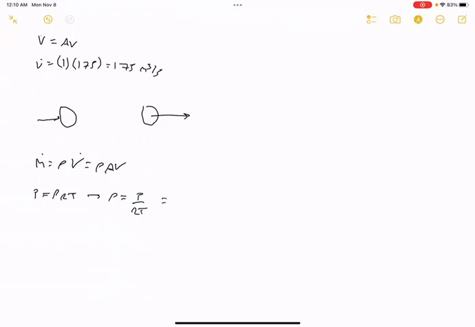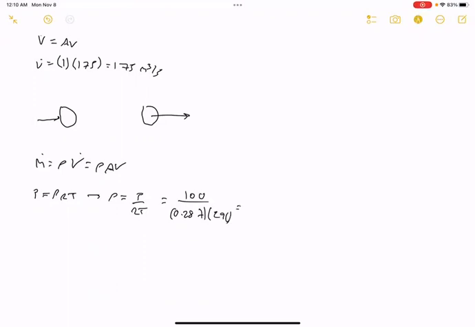So we can do 100 kilopascals divided by 0.287, which is R for air. And again, we can get that from the first page of the tables if we didn't remember that by heart, and that's okay. And because it's the ideal gas law, we're going to use everything in Kelvin. So 18 plus 273 will be our temperature, which is 291.